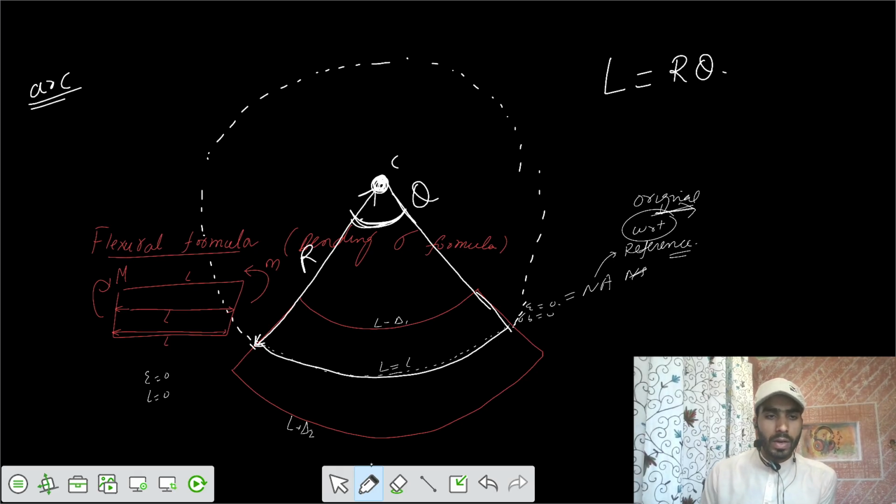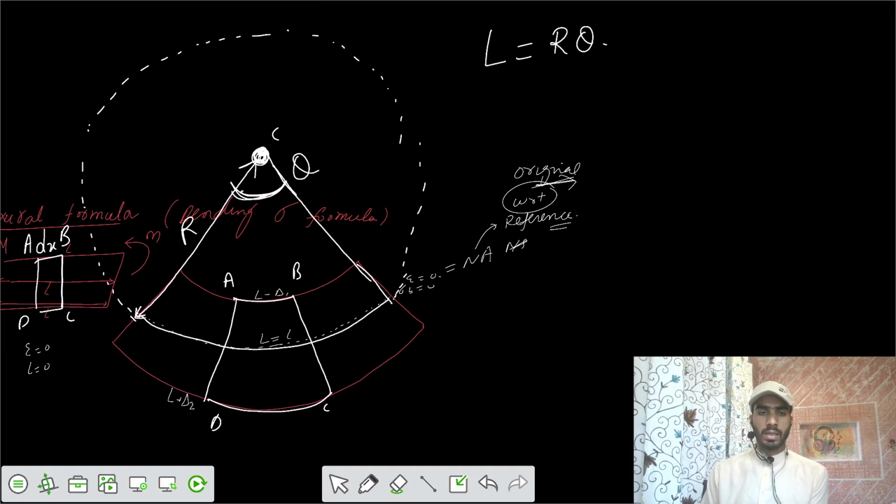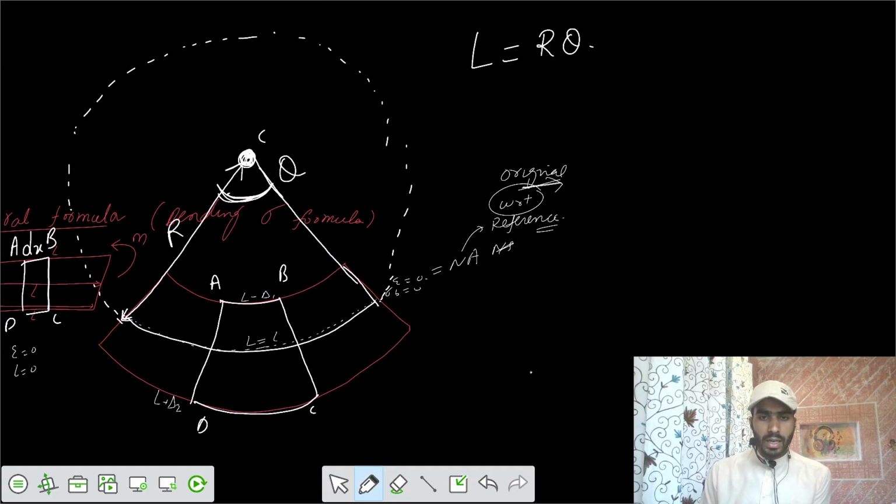And if you take a differential element, let's say this is some element dx from the beam, with points A, B, C, D. Let's study this ABCD now.